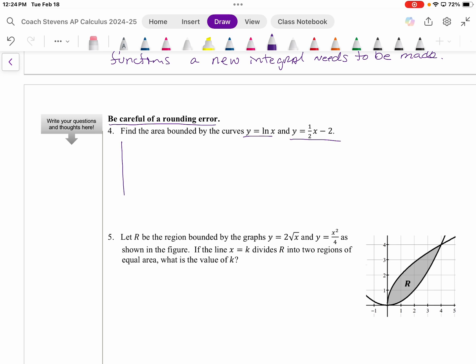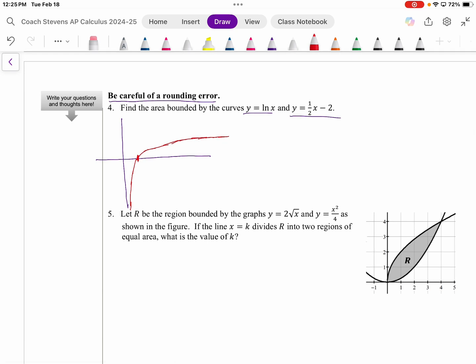So, sketching the curve real quickly. Ln of x. We know it goes through 1, 0. Hugs the y-axis, comes up, intersects at 1, 0, and then it's a slow rise from there. So there's the ln of x graph.